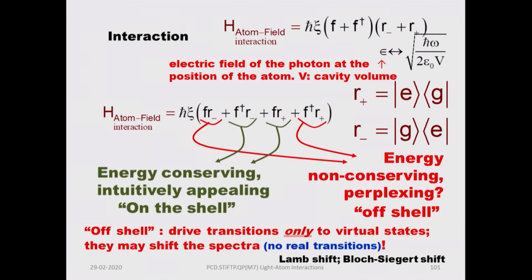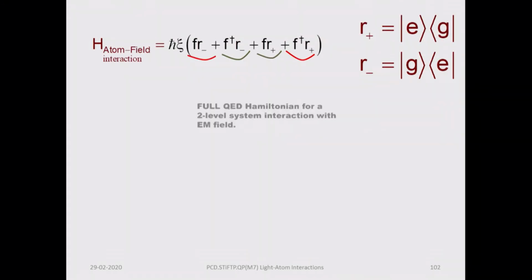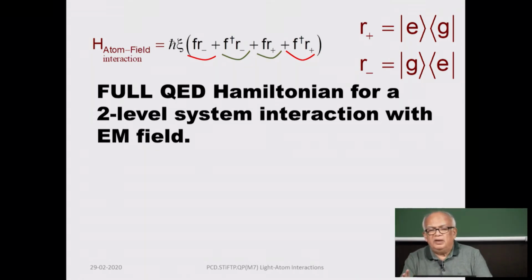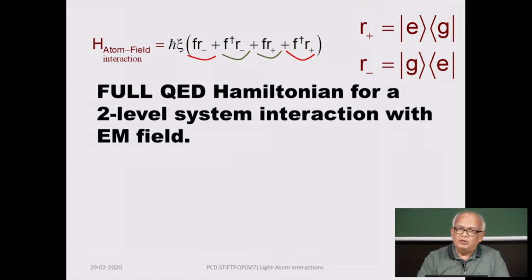So, that is the Lamb shift, and this is the fully quantum electrodynamic Hamiltonian, which describes the two-level system interacting with the electromagnetic field. It's amazing. It's really the complete QED Hamiltonian.